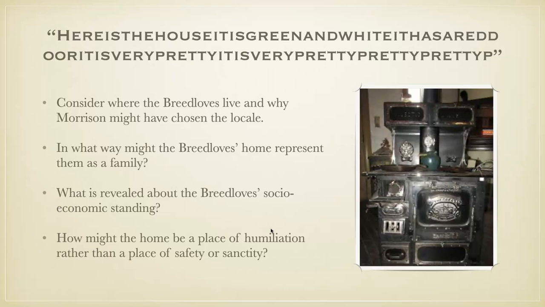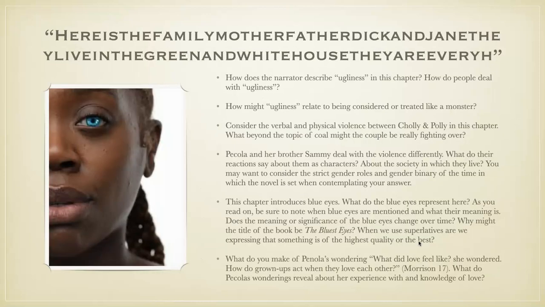And how might the home be a place of humiliation rather than a place of safety or sanctity? The reason I chose this picture is because this is a coal-burning stove, and it becomes sort of central to some things happening here. And so I want you to keep that in mind as you move forward.